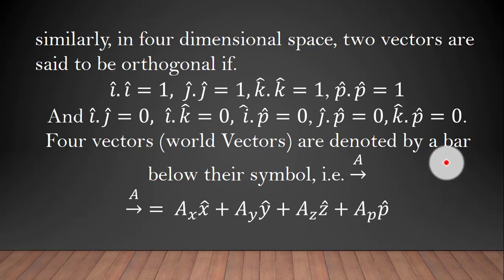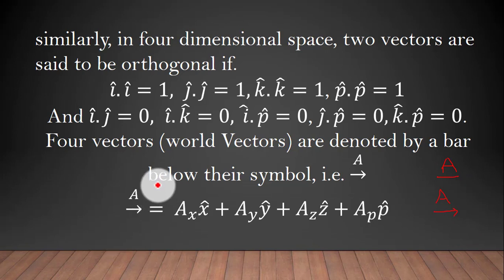If you want to represent, suppose, a 4 vector A, I will represent it like this, either with a bar below it, or we can represent it like this, with an arrow below it. Clear? So this is the representation or denotation of a 4 vector basically.